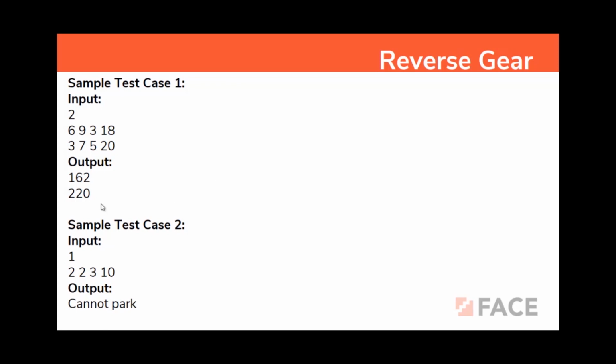Looking at sample test case 1, there are 2 test cases in it. The first test case says 6, 9, 3, 18. I'll make it clear: 6 represents the number of meters it moves forward, 9 represents the number of meters it moves backwards, 3 represents the time taken for every meter, and 18 represents the distance in meters between the car and the wall.